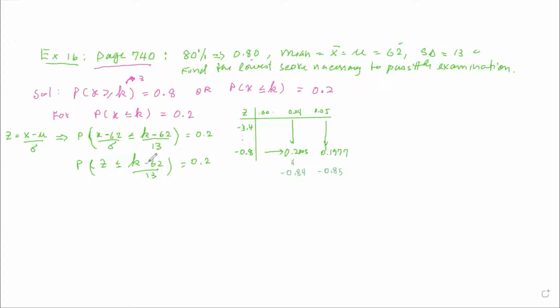Or you can draw a table like this, a linear line, when you use the ratios. Because 0.2 is assumed to lie here, right? 0.2 here.